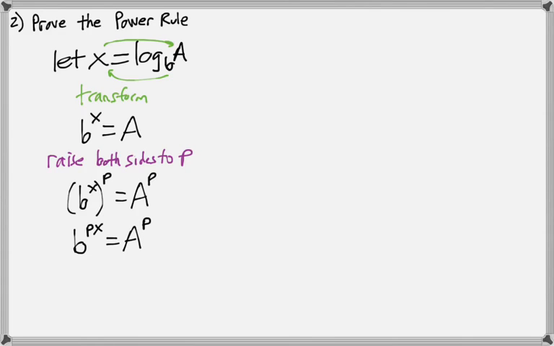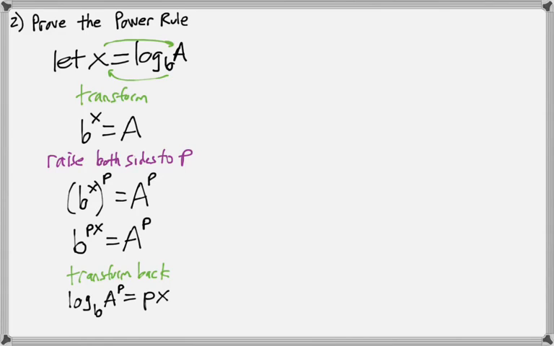So then after that, I want to transform back. So transforming back into logarithmic form is going to give us log base b of a to the p is equal to px. So we're almost there.